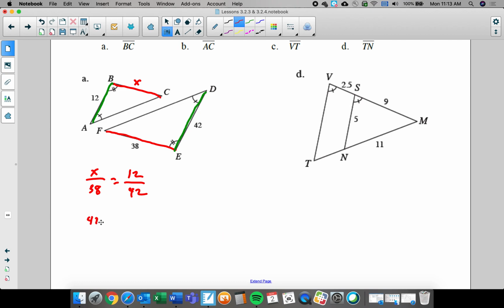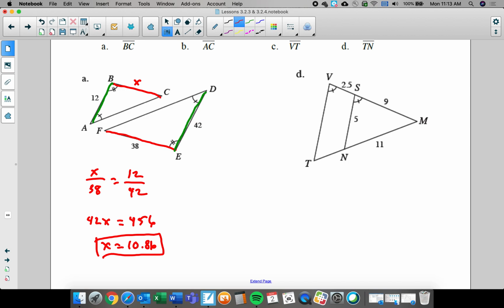I get 42 times X equals 38 times 12, which is 456. Now I solve for X, and we end up with approximately 10.86 if I round to the nearest hundredths place. That's what I want you to do if you're going to round a side length: go to the hundredths place.